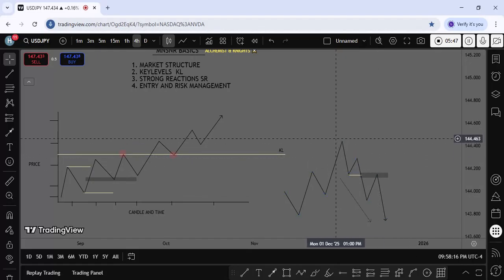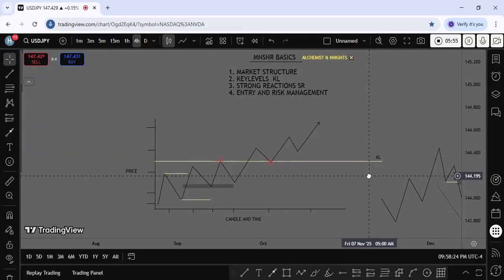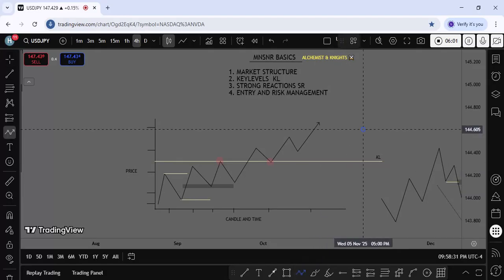Lower high because it doesn't break this high, and a lower low. So that is to identify the trend, and we have a range in the market. I'm going to explain this much better in the next video because we are not on the topic now.